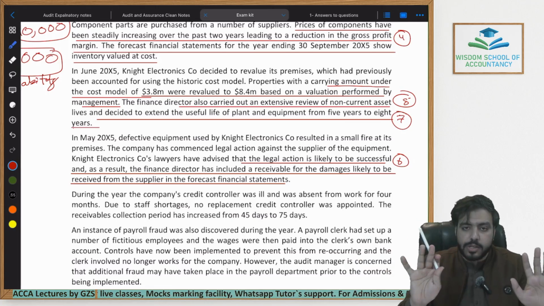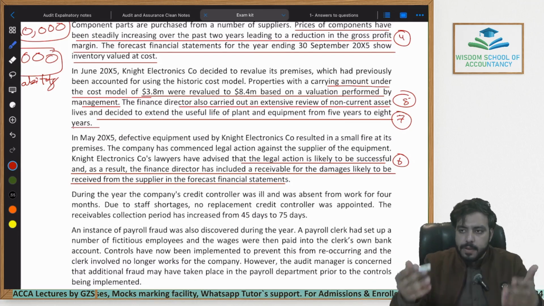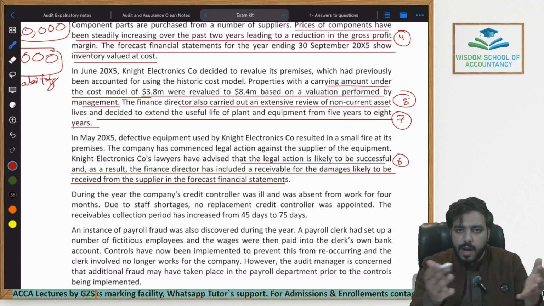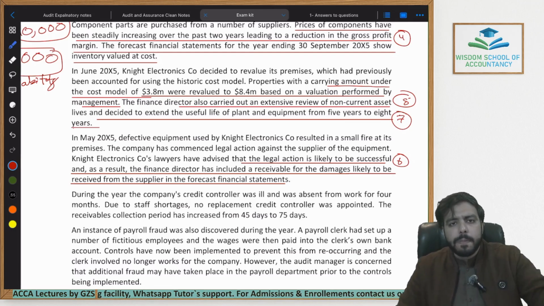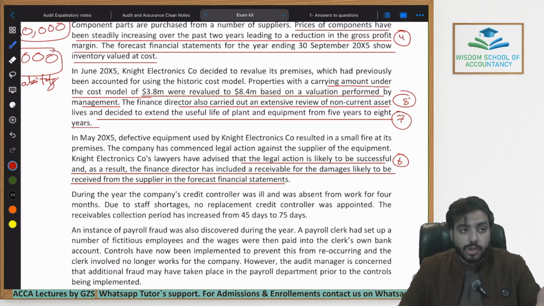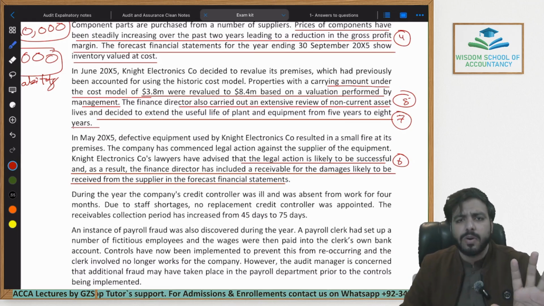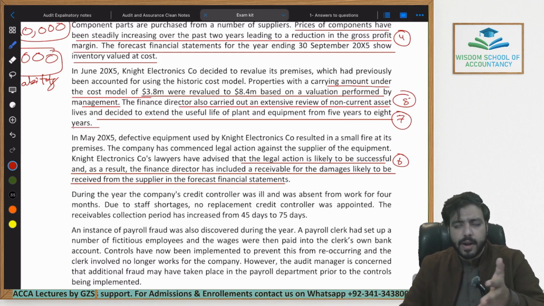Nowhere does any standard say that the life of an asset cannot be changed. It can be changed. Sometimes you may think that we bought this car to use for 5 years. You were first depreciating this car for 5 years and suddenly you identified that no, we will not replace this car after 5 years. We will replace it after 10 years. So now you would change the depreciation life from 5 to 10 years. It is completely allowed. You might buy a machine first and identify that the life right now is 10 years.